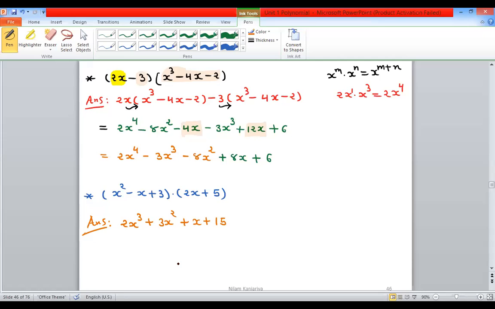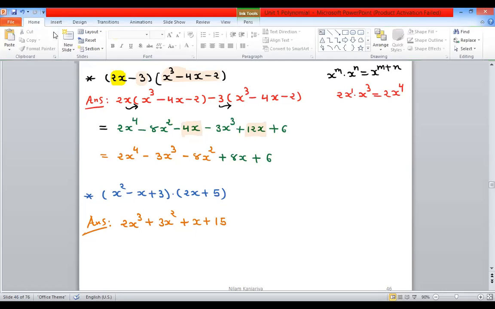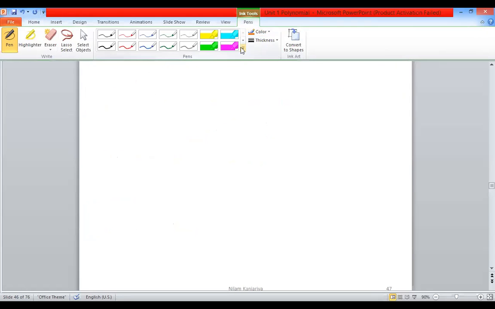I speak loudly. Okay, done. Now tell me the answer. This is the one MCQ for you. Let's solve your question in MCQ form. Which option is true? Identify the correct option.